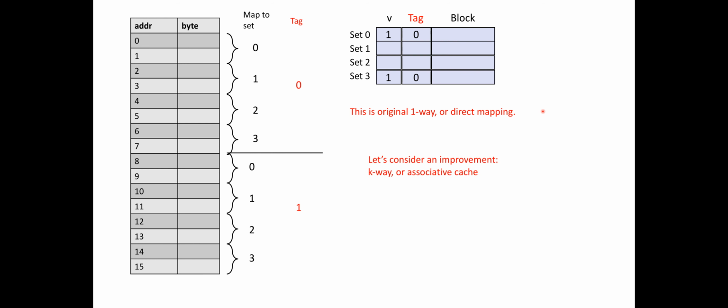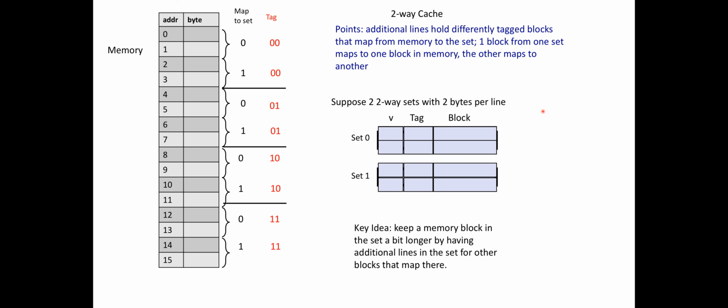What would happen if we did consider this improvement of going to K-way or associative cache, which really all of our caches these days are like this? There's a couple things we could do. So we could keep our cache exactly the same size, but have an extra line here.